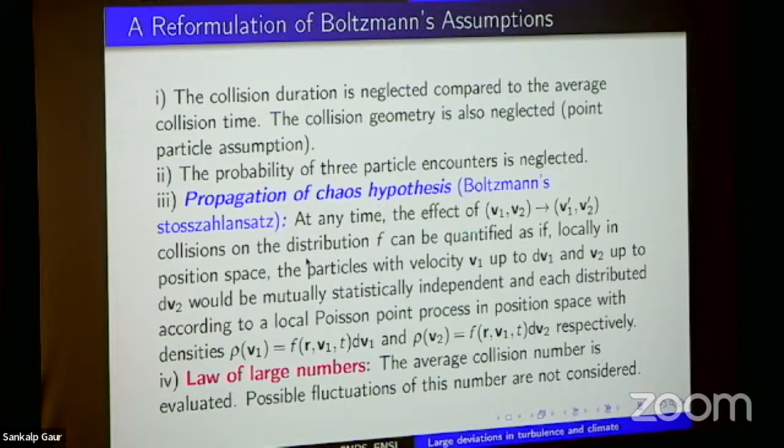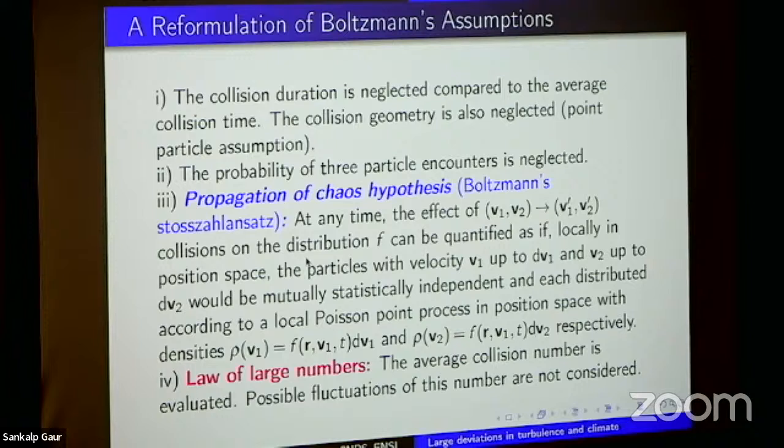So I reformulate it here, but it's basically what Boltzmann explained. At any time, the effect of the collisions on the distribution function f can be quantified as if, locally in space, the particles with velocity v1 up to dv1 and v2 up to dv2 were mutually statistically independent and each distributed according to a local Poisson point process in position with the density given by f.